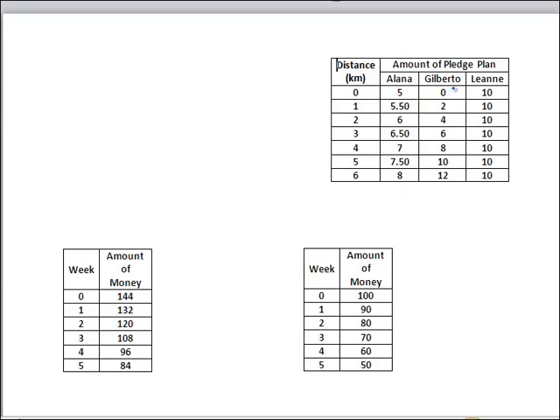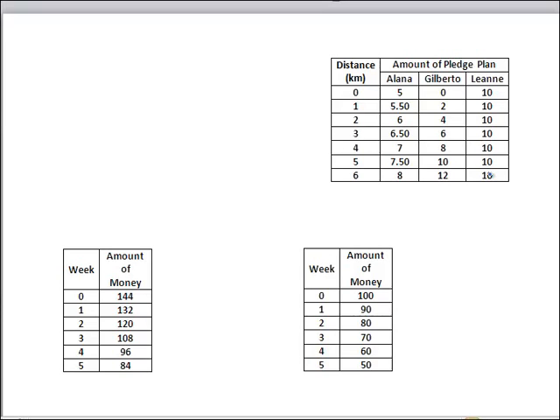We've got Gilberto, who started out with $0, so he didn't get any money up front, but he got $2 every kilometer after that. So the table goes up by 2. And Leanne got a $10 pledge up front, but she didn't get any money per kilometer. So her amount of money stays at $10 for the whole thing.